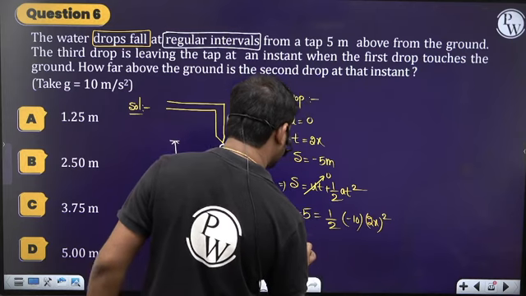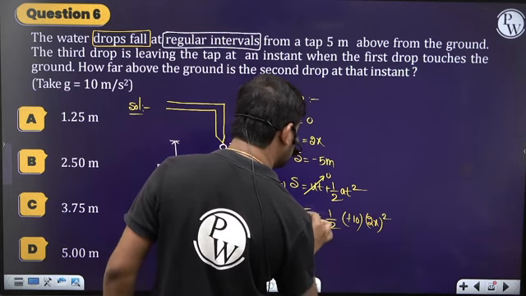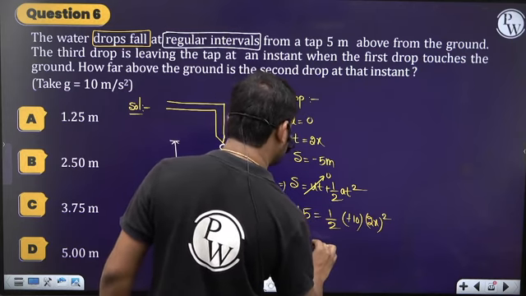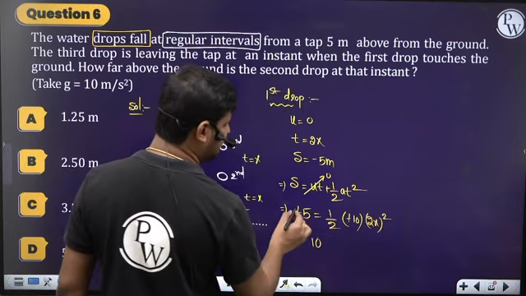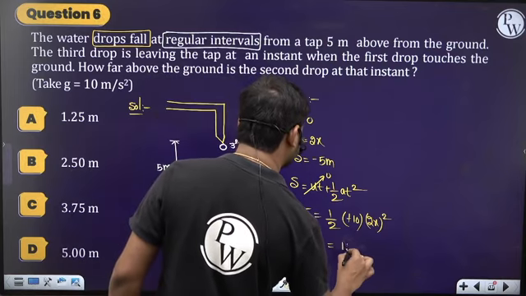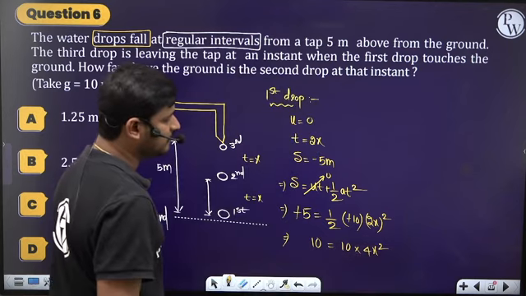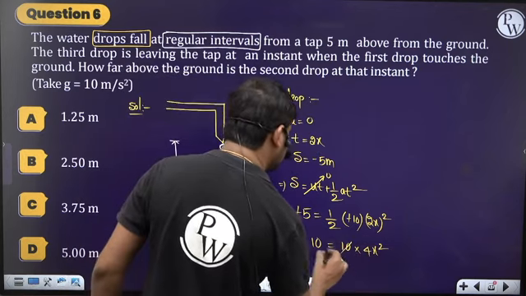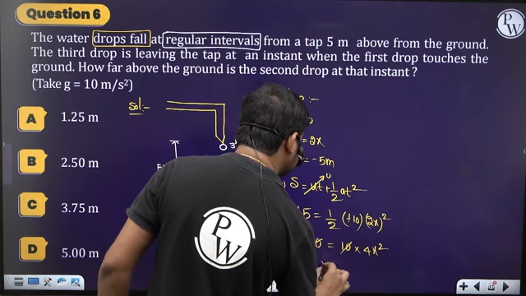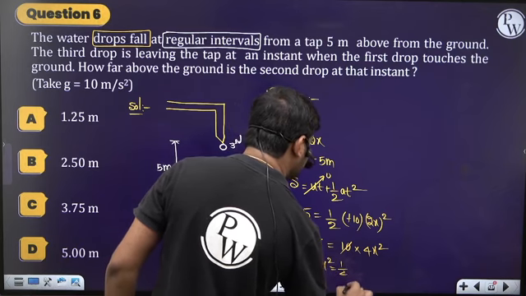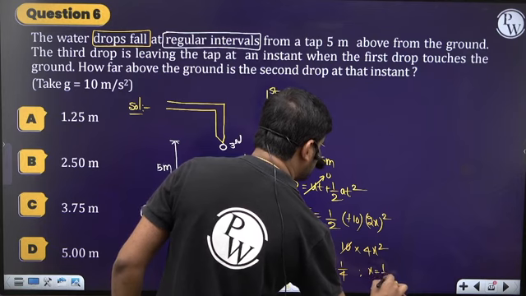Let's cancel minus and minus, and send this 10 to this side. So 5 into 2 equals 10, which is equal to 10 into 4x square. So 10 cancels, then x square is equal to 1 by 4. From there, x equals 1 by 2 we got.